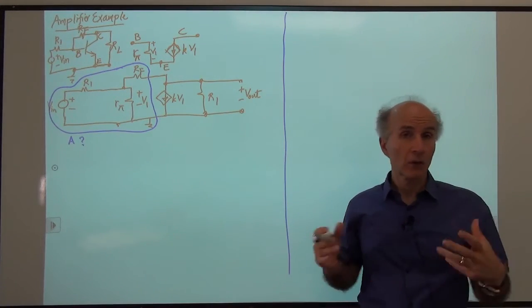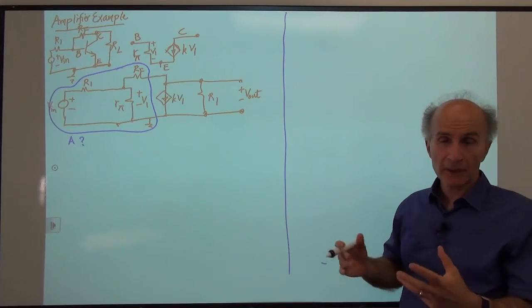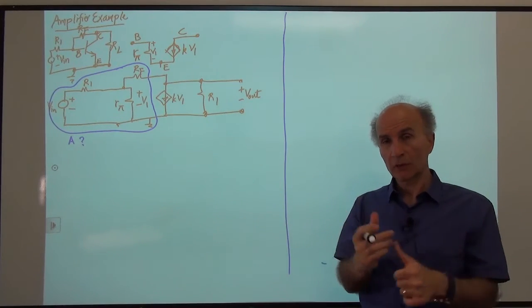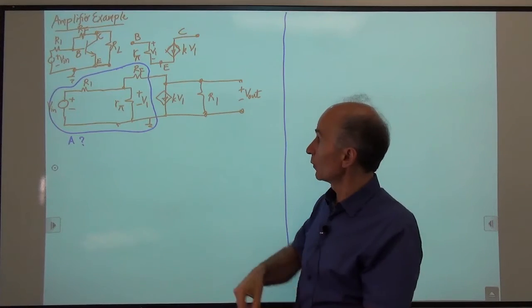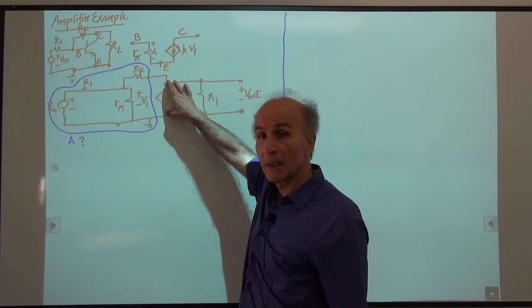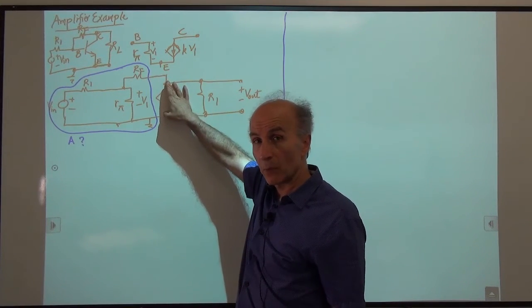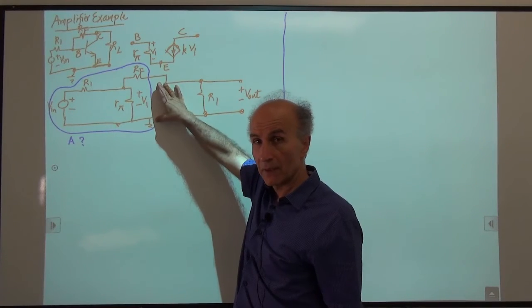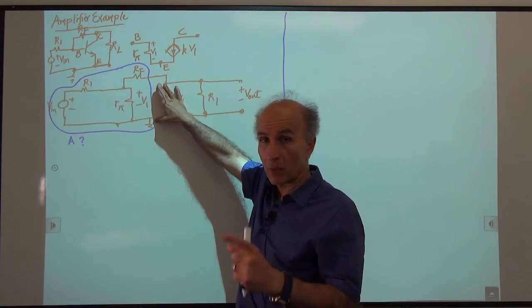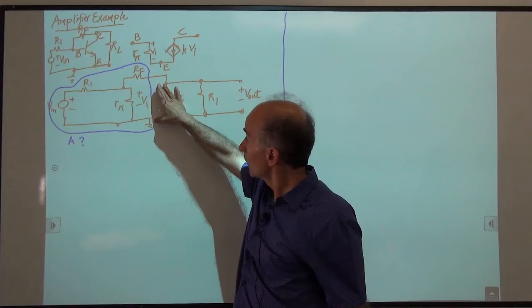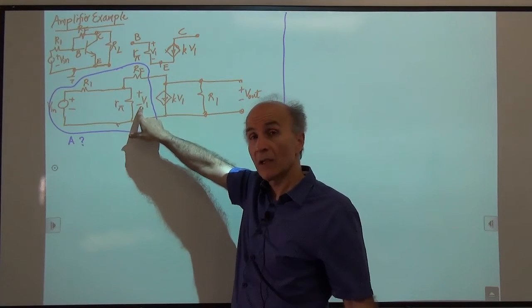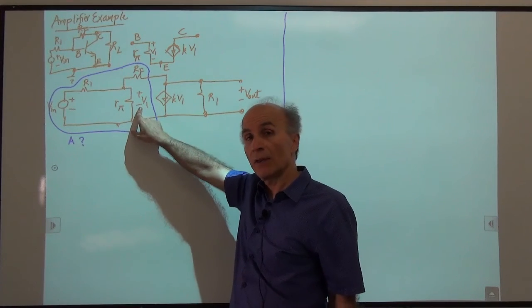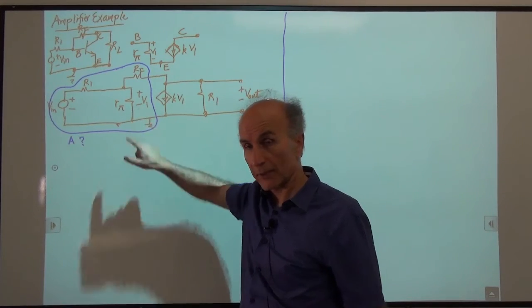Okay, so let's suppose I go ahead and model this section A by Norton or Thevenin equivalents, right? Yes, it has only two wires coming out, so that's not a problem. But in doing so, I end up with what? I end up with these two wires, and let's say for Norton, I have one resistor and one current source. What happens to this V1? V1 is gone. We cannot find V1 in our Thevenin or Norton equivalent anymore, right?